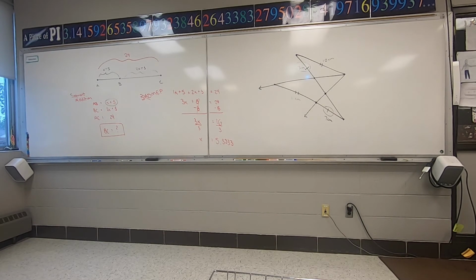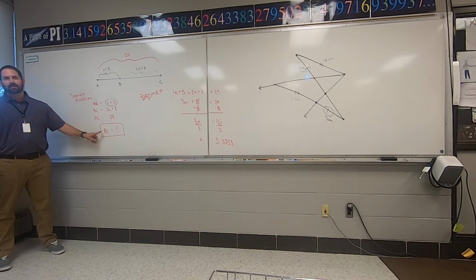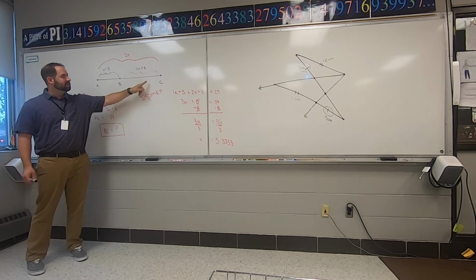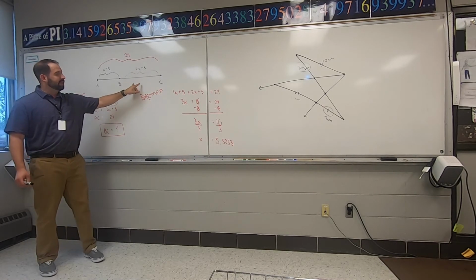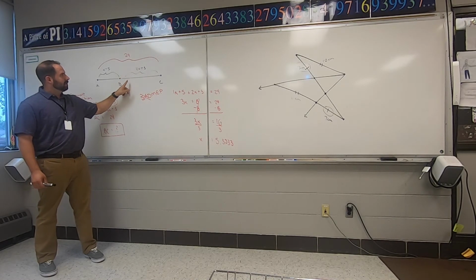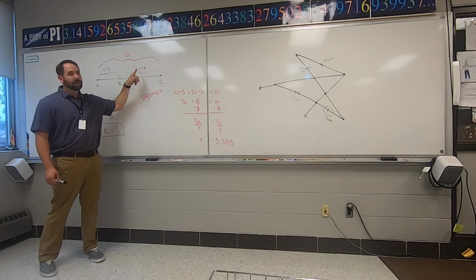So now, that's x. But did I answer the question? What do they want me to find? BC. BC is that stick right there. To find what this length is, B to C, you have to take the 5.3 and plug it in. So you plug 5.3 into x and then solve that.